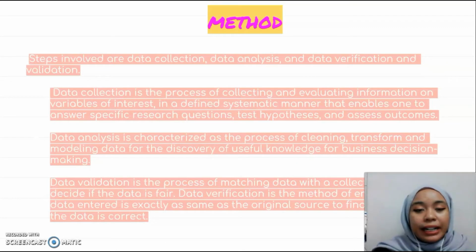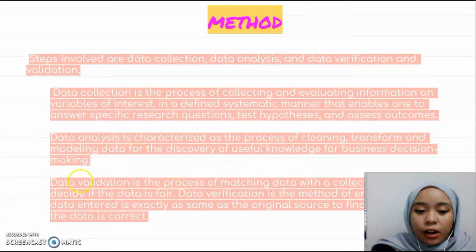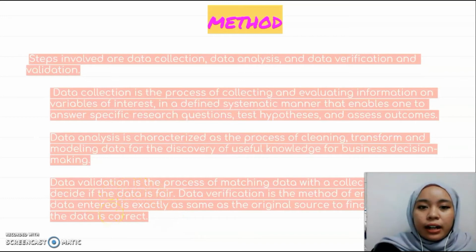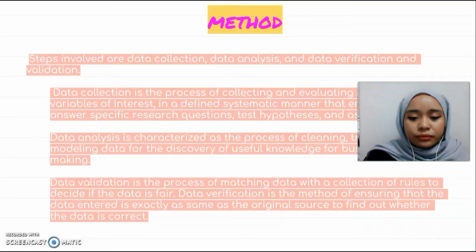After that, we analyze the data, using DEA software. After we have analyzed using the DEA software, we validate. We look at how it's measured, how it's calculated. We validate whether it's the process of matching data, and then we verify the data.